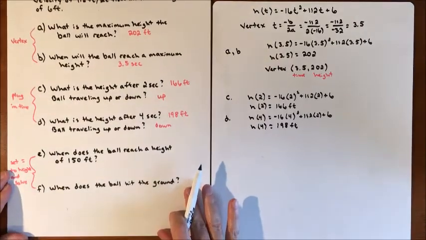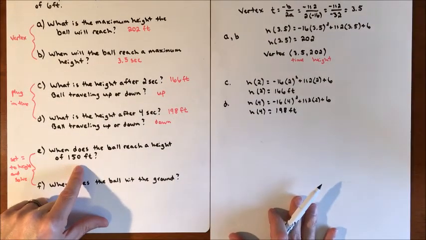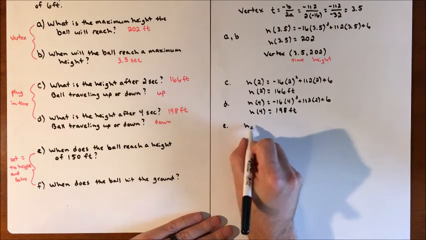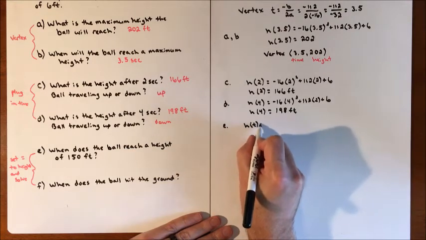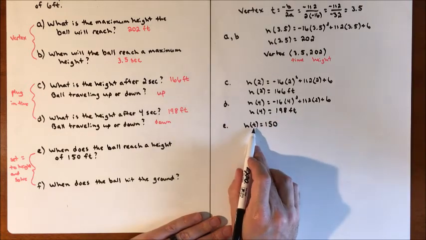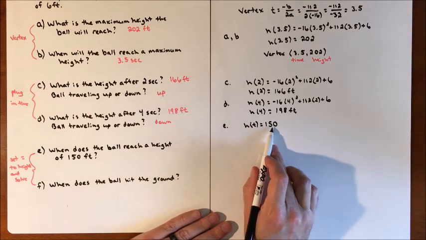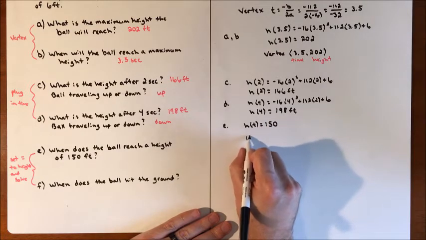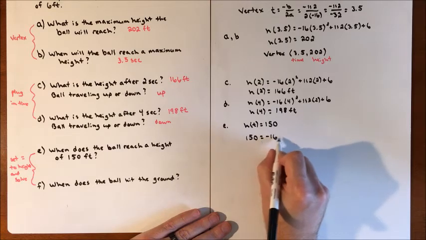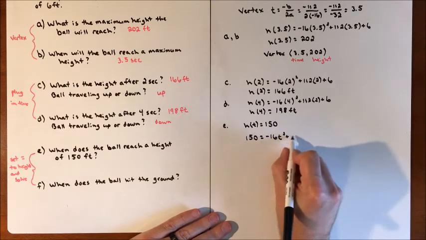All right, last two questions. When does the ball reach a height of 150? So for E, our specific height after a certain amount of time is 150. So I don't know what the time is, but I know what the height needs to be. So that means I can take our equation and set it equal to 150.